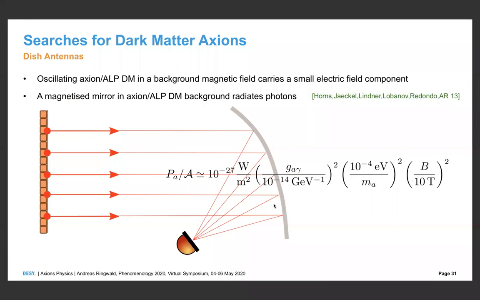These search for axion dark matter using, instead of microwave cavities, dish antennas. This is based on the fact that a magnetized mirror in an axion or ALP dark matter background will radiate photons. Now, if you just have a mirror and collect this signal, then you will get a very small power per unit area of 10 to the minus 27 watt per meter squared in the relevant parameter range, even if you have a 10 Tesla magnetic field.